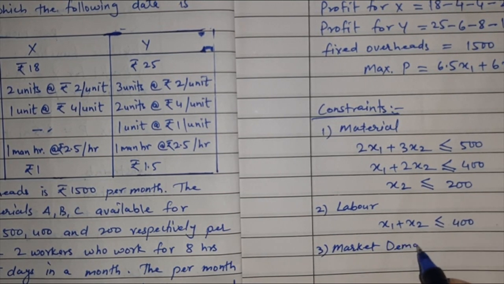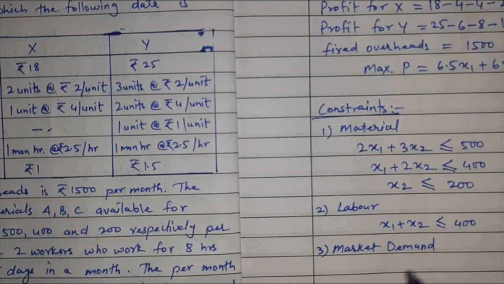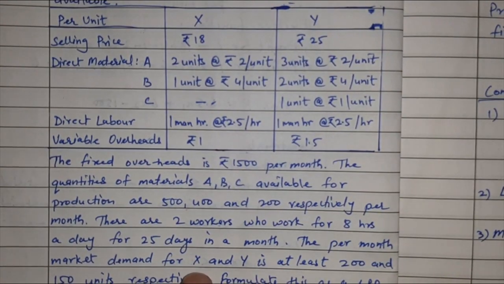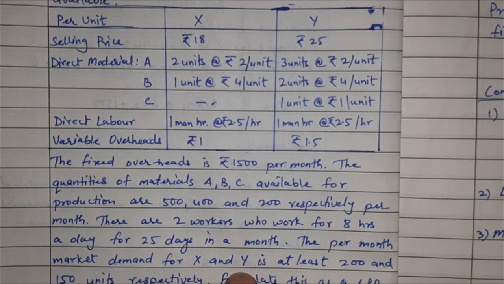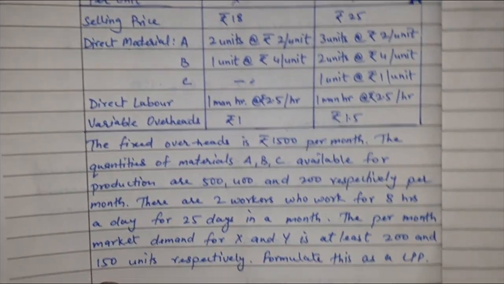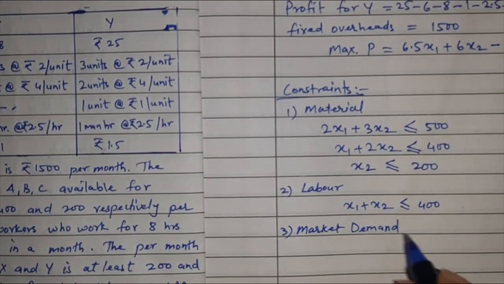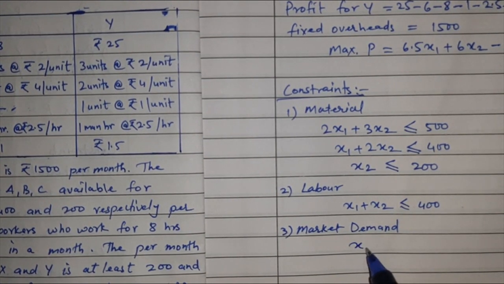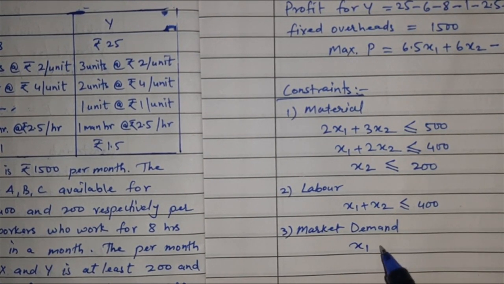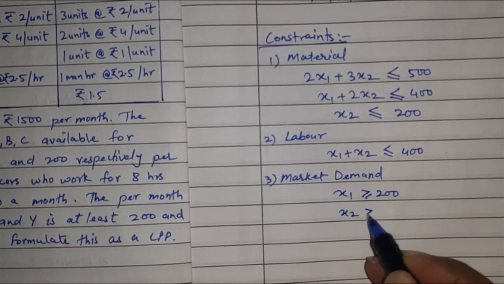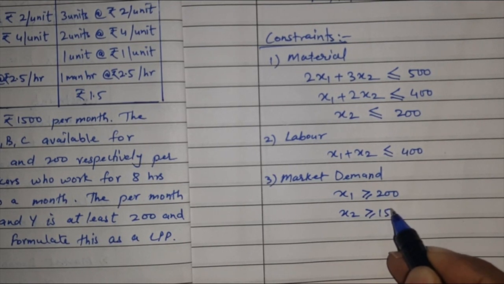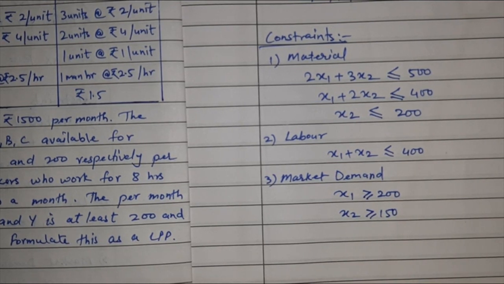The third one is my market demand constraint. So market demand. For X we have at least 200 and for Y we have at least 150 units. Okay. So this will be x1 greater than equal to 200 and x2 greater than equal to 150.